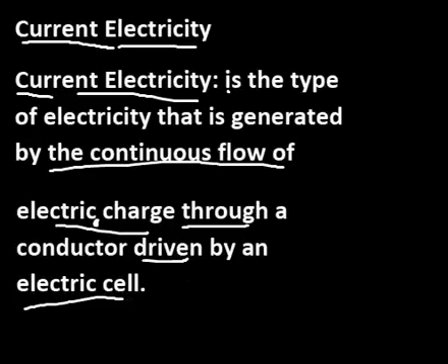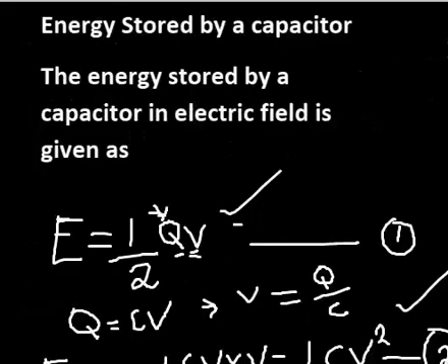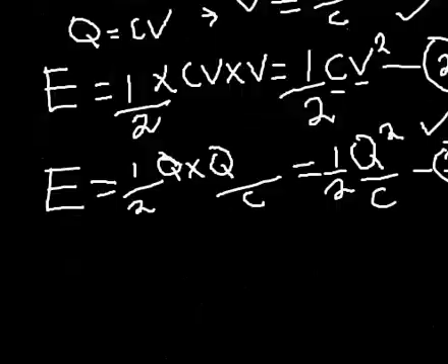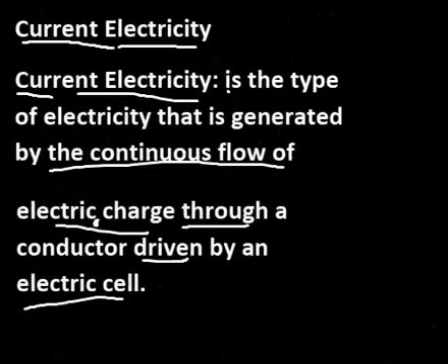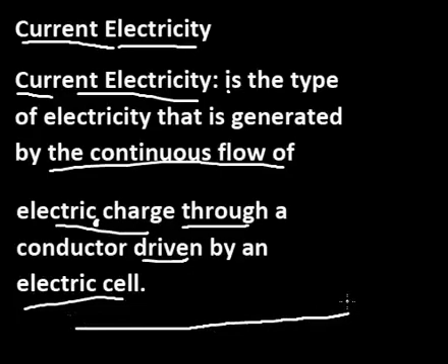So when there's a continuous flow of charge, let's say this is a conductor, anytime you supply a potential difference in this conductor, what happens?